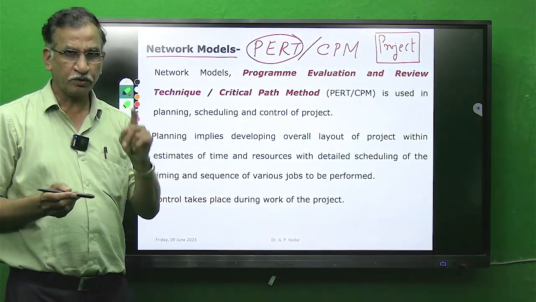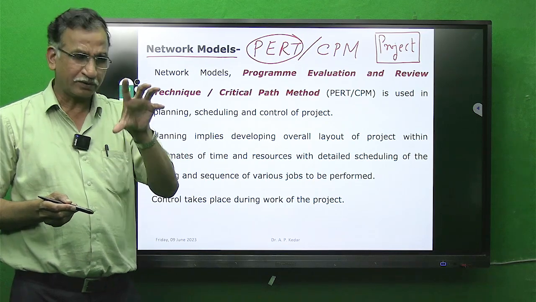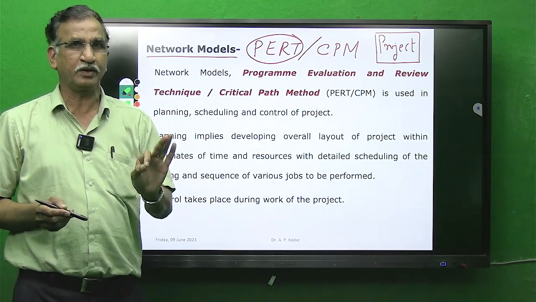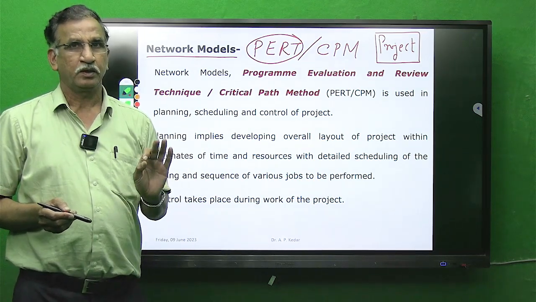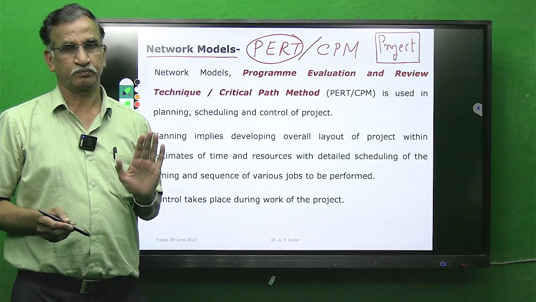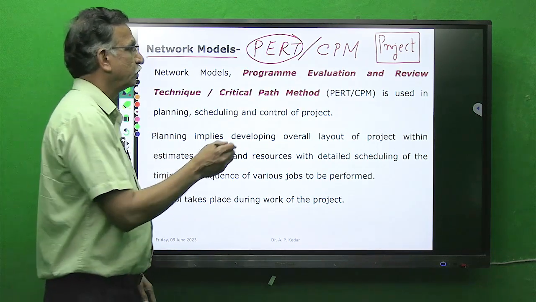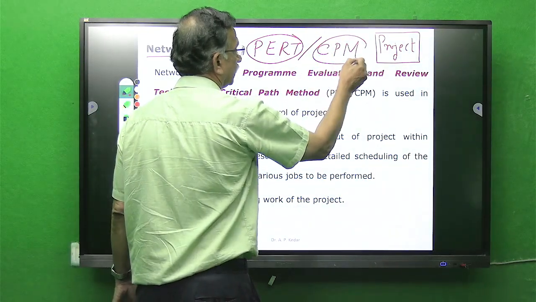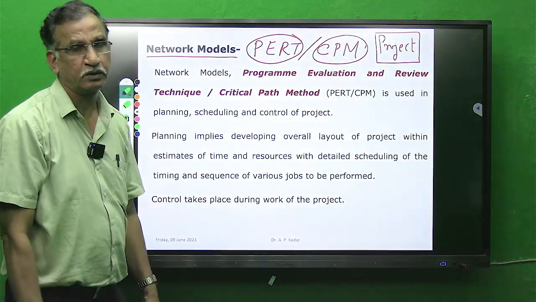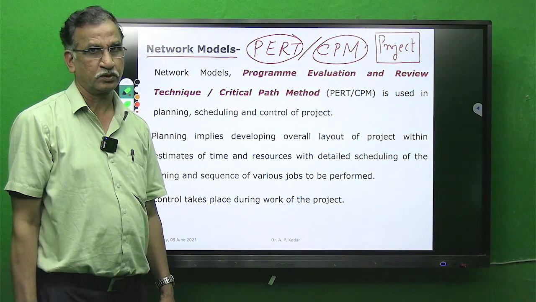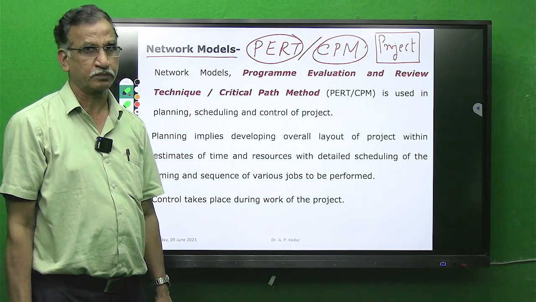But when you know for sure that this particular activity will take this much time, deterministic in nature, no bias, in that case we will use the critical path method of analysis through network models.